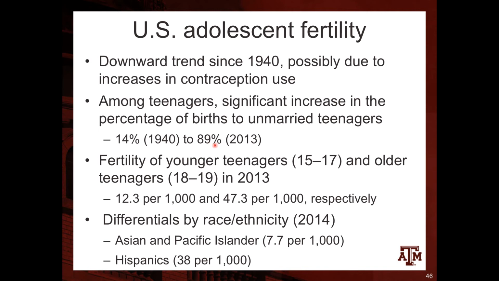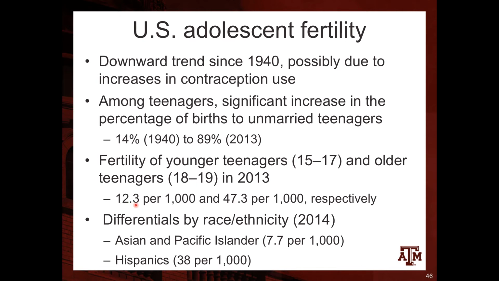And the fertility of younger teenagers compared to older teenagers is also interesting to compare. In more recent years, we have this data to compare between those two specific groups, those between 15 and 17 and those between 18 and 19. And you see that for younger teenagers, the rates are much lower than for older teenagers between 18 and 19.